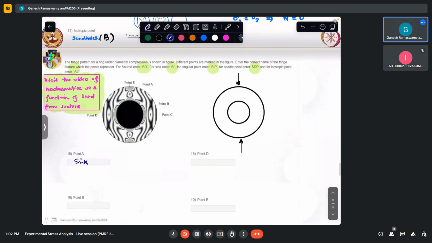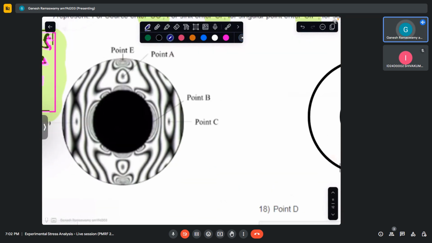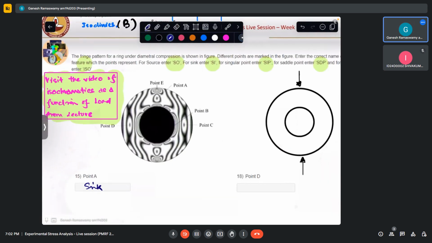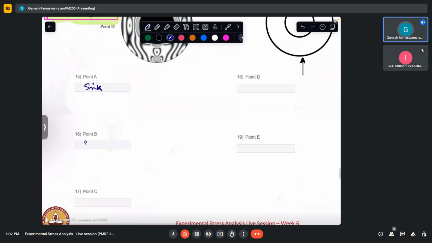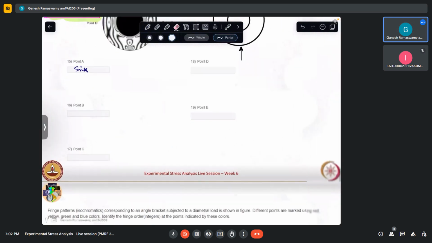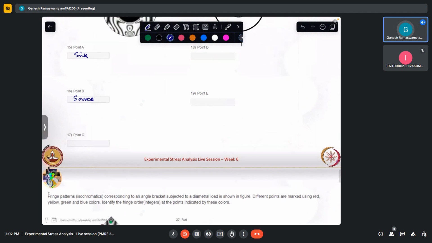Point A represents a sink, whereas as we load it, we see that from here and symmetrically on the opposite sides we have fringes emanating. So these basically represent the sources. Point B represents the source.